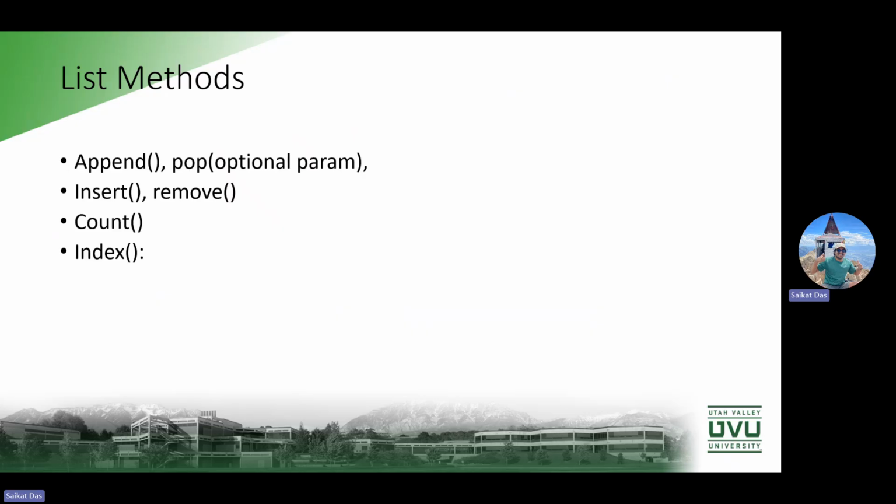Now sorting. Sorting is an important thing in computer science. Sometimes you need to sort items, like sort a list of items, either in ascending order or descending order. In a higher class, for example, the 2420 data structures class, you will learn different types of sorting, but I'm not going into different types of sorting right now.